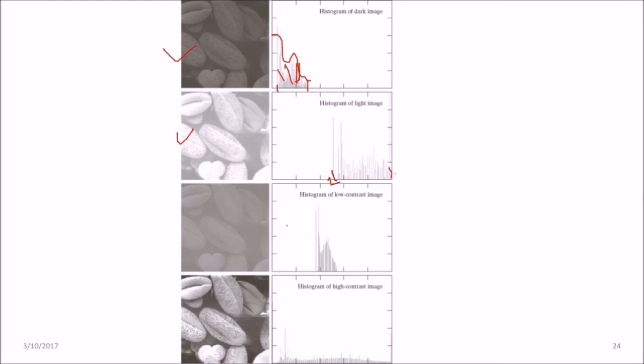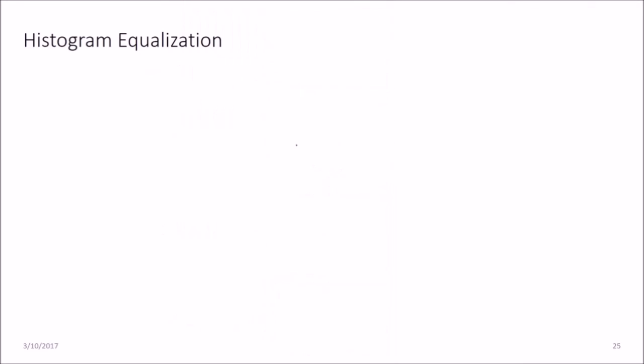What about the low contrast image? It is just concentrated to certain values. And when we perform contrast stretching, you see the histogram is rather uniformly distributed. This is your good image, which is the contrast stretched image.